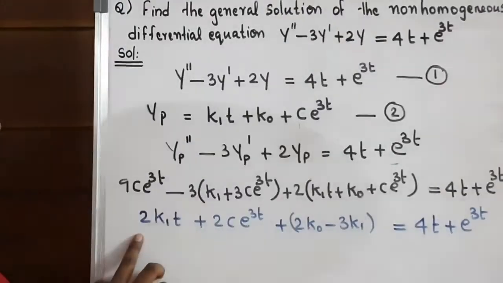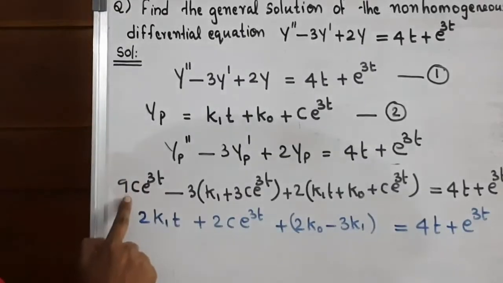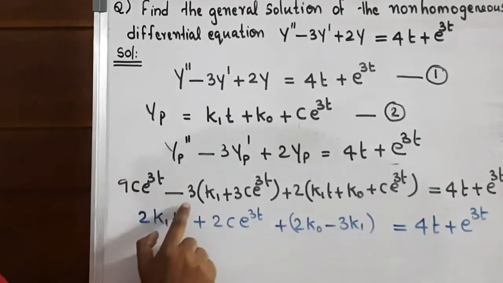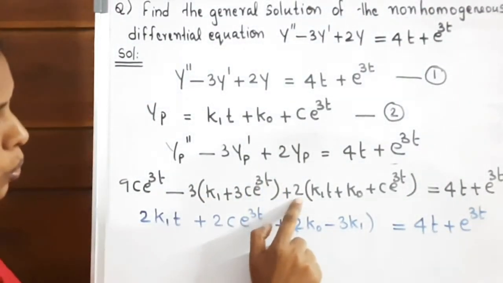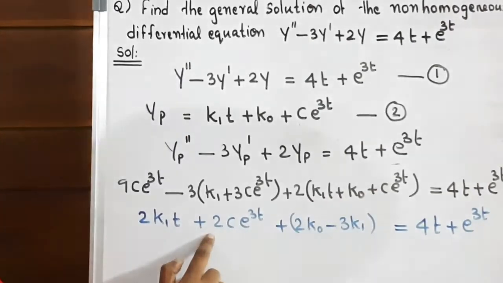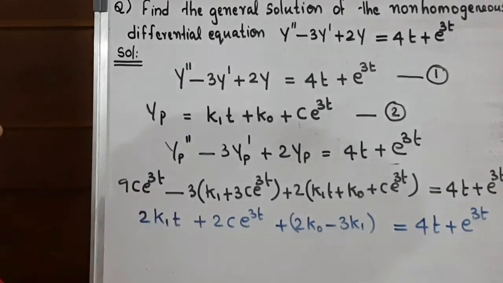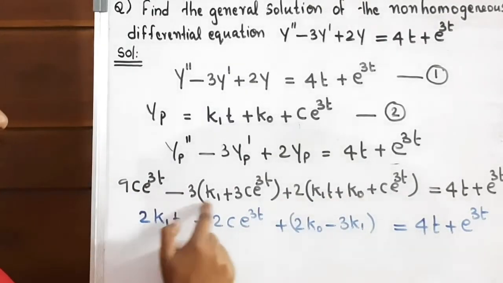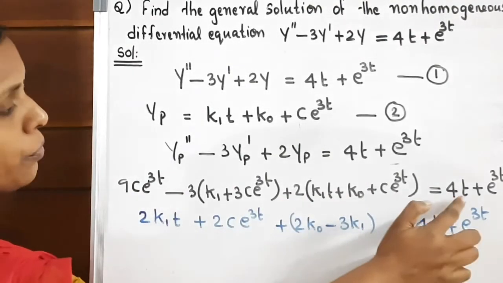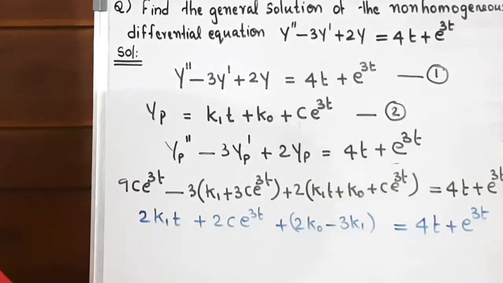Next we write 2k1t plus 9c e raised to 3t minus 9c e raised to 3t gets cancelled. Next 2c e raised to 3t. The constant term is 2k0 minus 3k1, equal to 4t plus e raised to 3t.